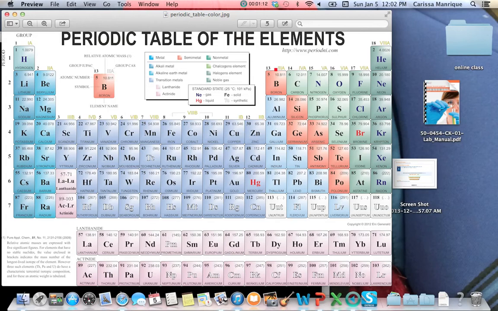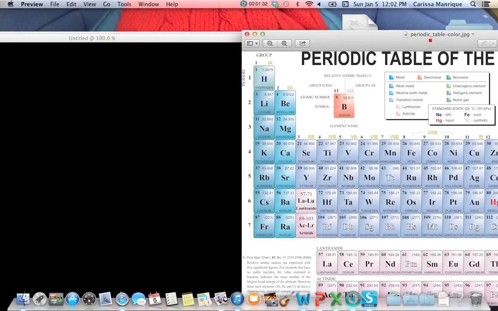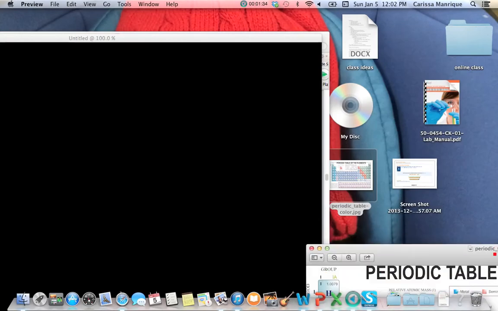So group 1, 2, then 3 through 8. So not transition metals. We'll do transition metals, but not at this very moment. Right now we're going to be looking at mainly groups 1, 2, and 3, because we're looking at metals.